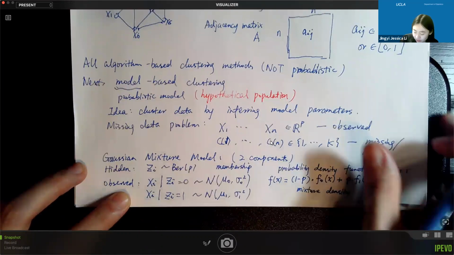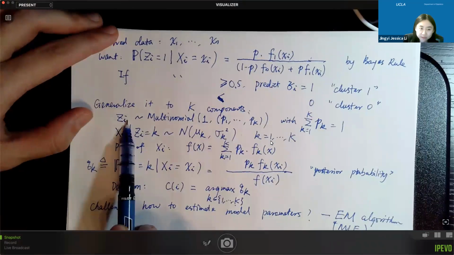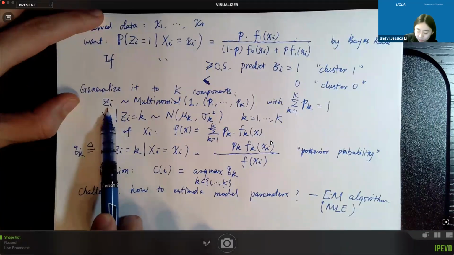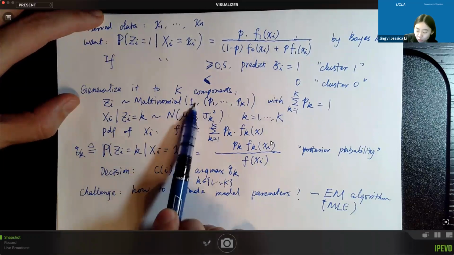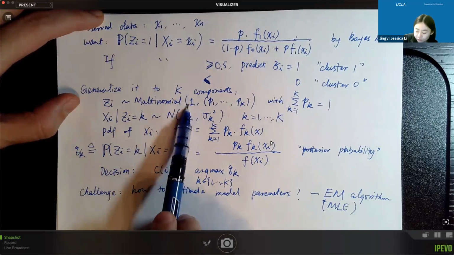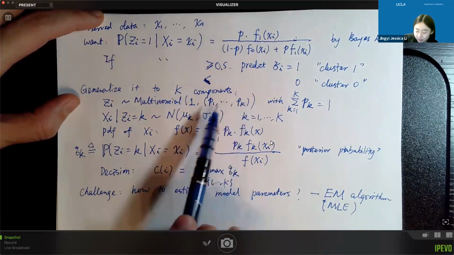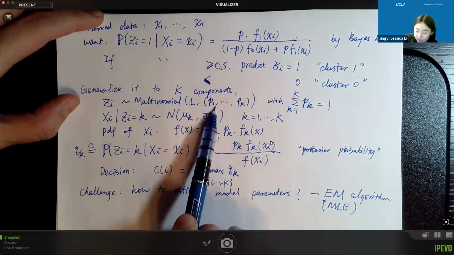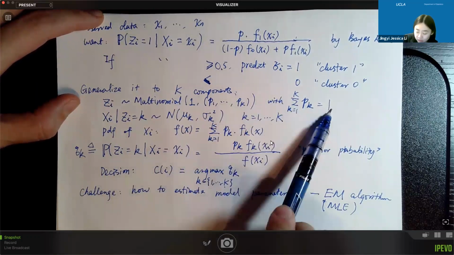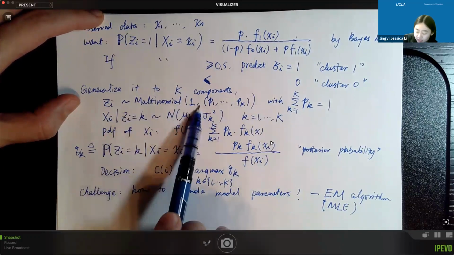We basically assume the hidden membership variable for point i follows a multinomial distribution with 1 as the total, which means we draw once from k categories. The k categories correspond to the k components, or k clusters, and will have probabilities p1 to pk, which sum up to 1.